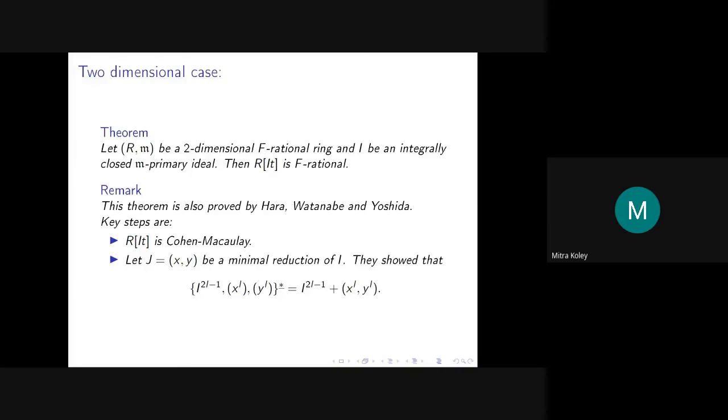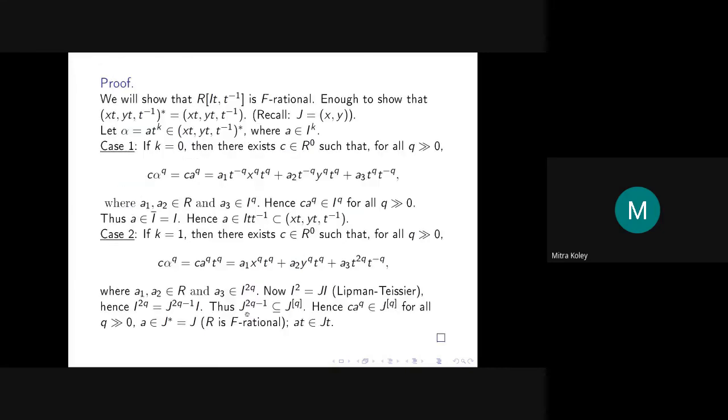But as a consequence of our main theorem, we also get a proof of this theorem, which I'd like to discuss here. We show that the extended Rees algebra is F-rational. Hence, by our theorem, the Rees algebra will be F-rational.